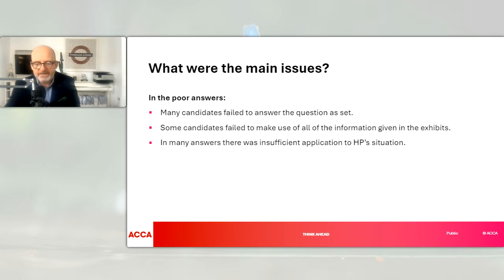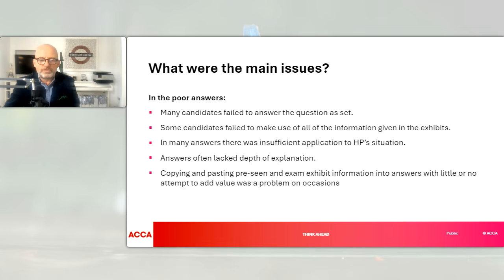And it's very important when we're dealing in the SBL exam that we deal with the context of the question, and we make sure it always relates back to it rather than just randomly regurgitating theory, which sadly gets no marks. And answers often lacked depth. Yeah, your job is to give insight and a bit more depth. So that's what was going wrong.